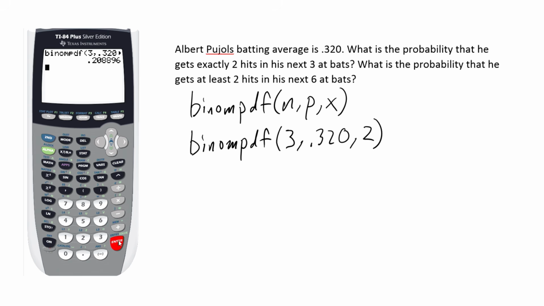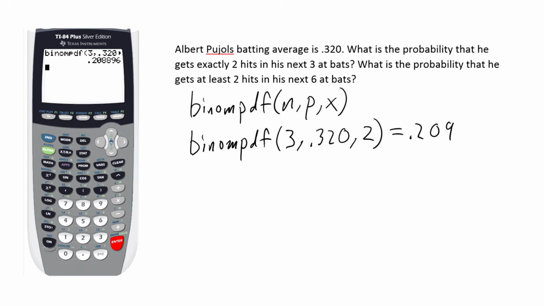And so what we get is .208896, or rounded to 3 decimal places, .209. So the probability that Albert gets exactly 2 hits in his next 3 at-bats is a little under 21%.